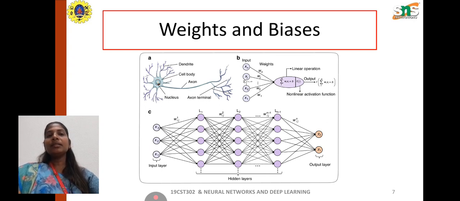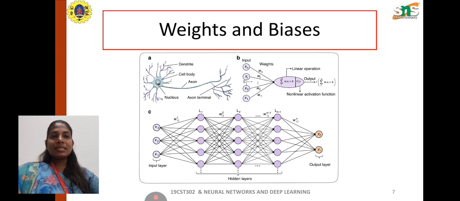While applying the activation function, we apply it to the summation value. It consists of a linear operation and also a non-linear operation. If it is a linear operation, we sum the values. If it is a non-linear activation, we apply the activation function. Finally it produces the output.